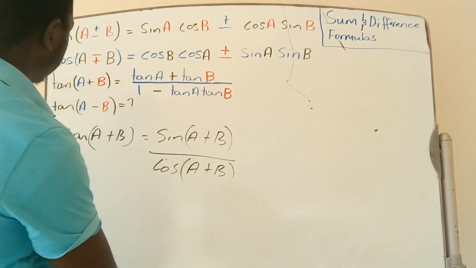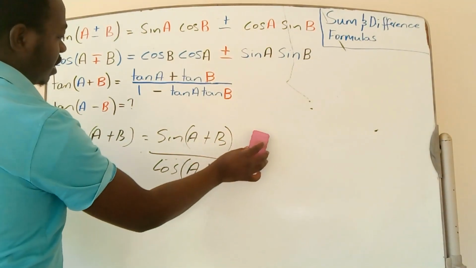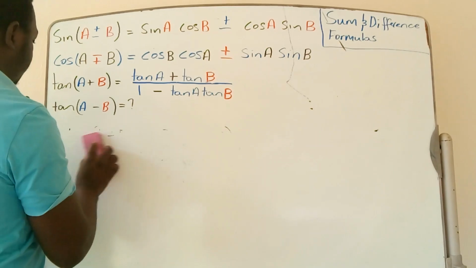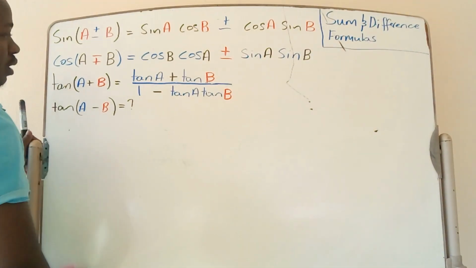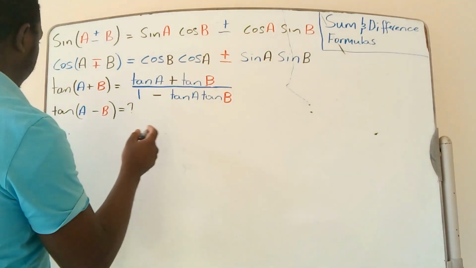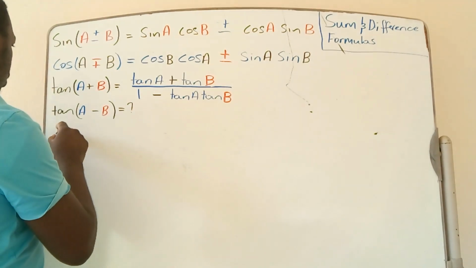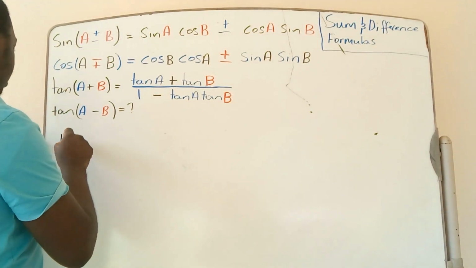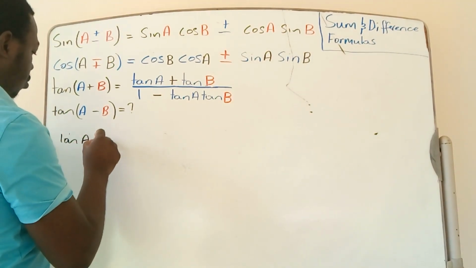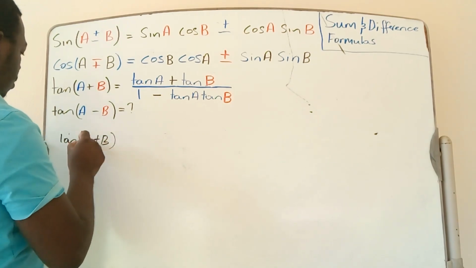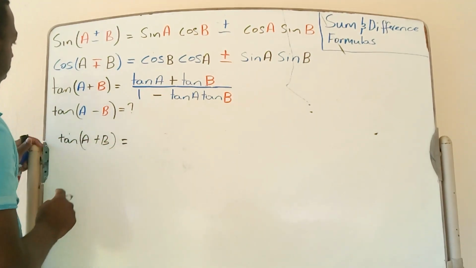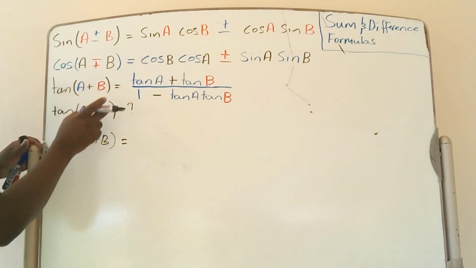So what I am going to do, I am going to rewrite this here. So we know that tan of A plus B is equal to sine of A plus B over that.